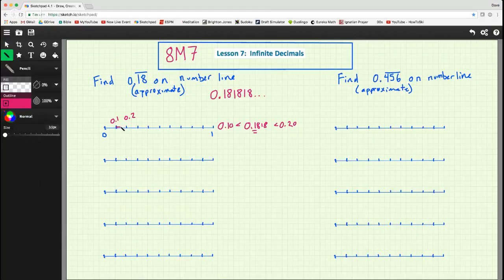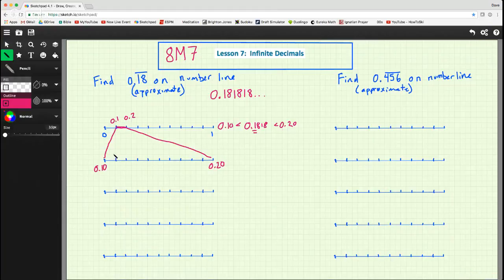So we know that it's in this section right here. So now over here, I put my 0.1, and over here, I put my 0.2. And I can put my extra 0 off the back because that sometimes really helps me out when I'm writing this next set of numbers.